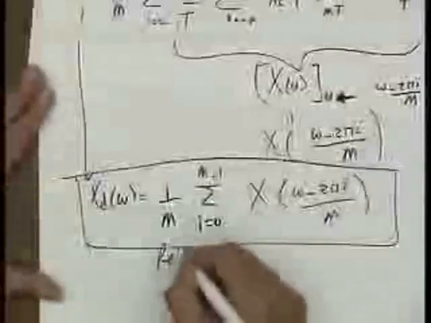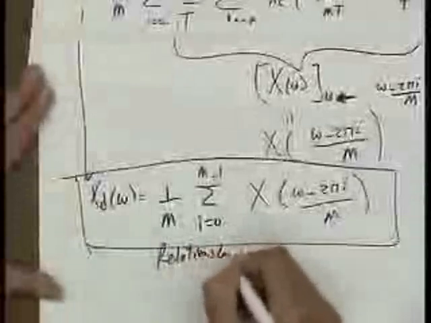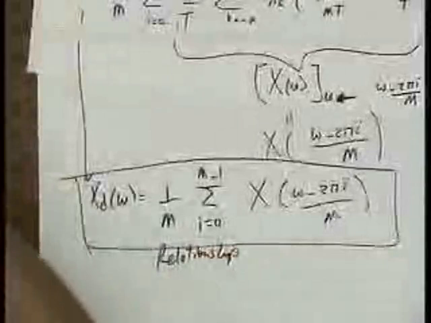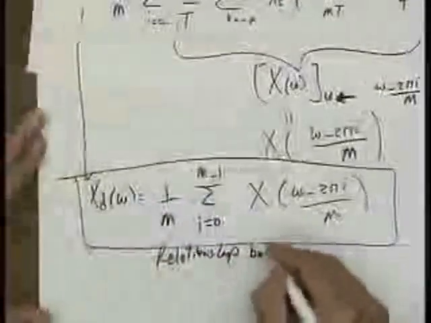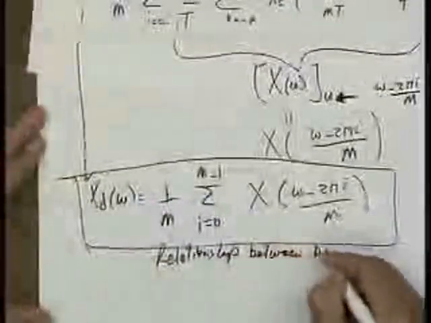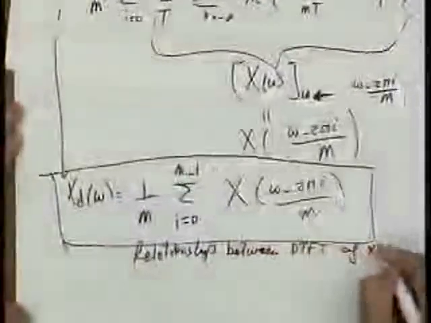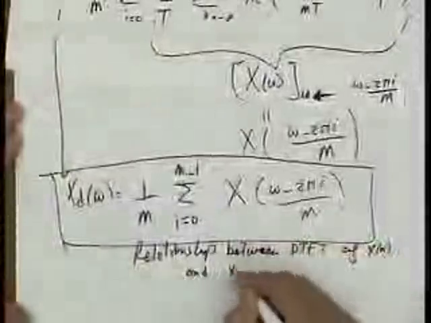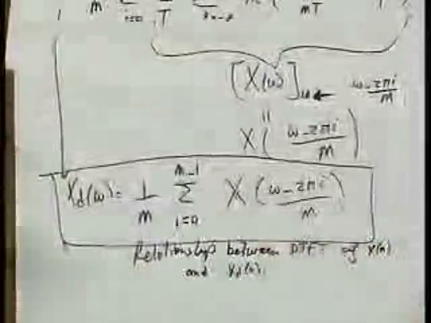Okay, so this is the relationship between the DTFT of x of n and x of d of n. This is it.